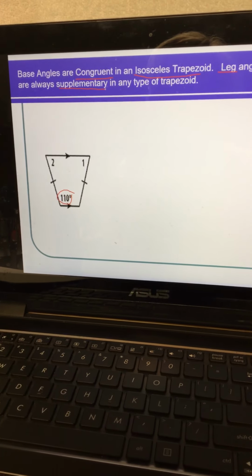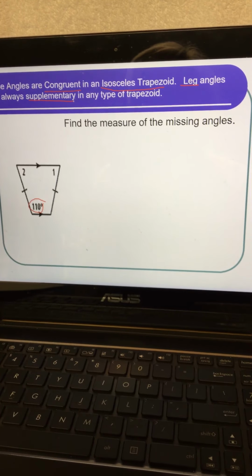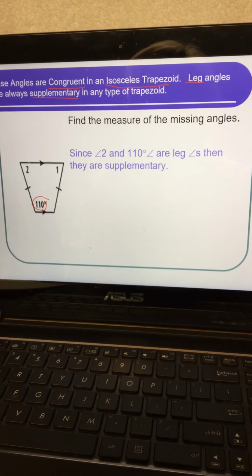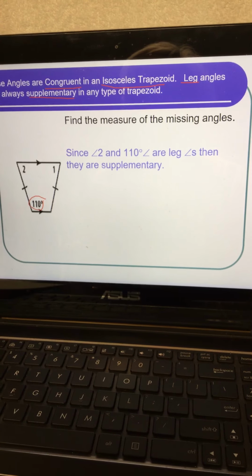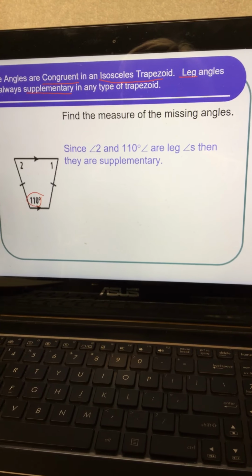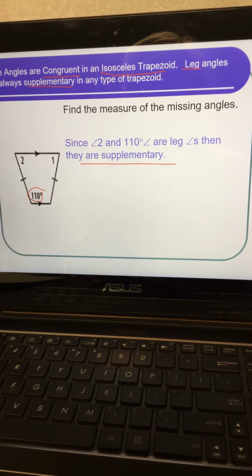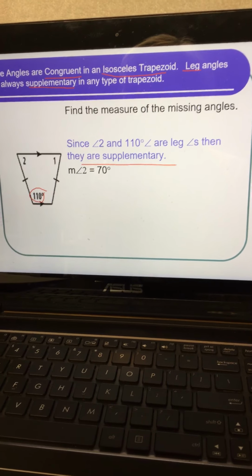So for the first situation, I would try to find angle 2 first. It says find the measure of the missing angles, and I think I would find 2 first because angle 2 and 110 share a leg. This is the leg. So that means that they are supplementary. So the supplement of 110 would have to be 70 degrees.